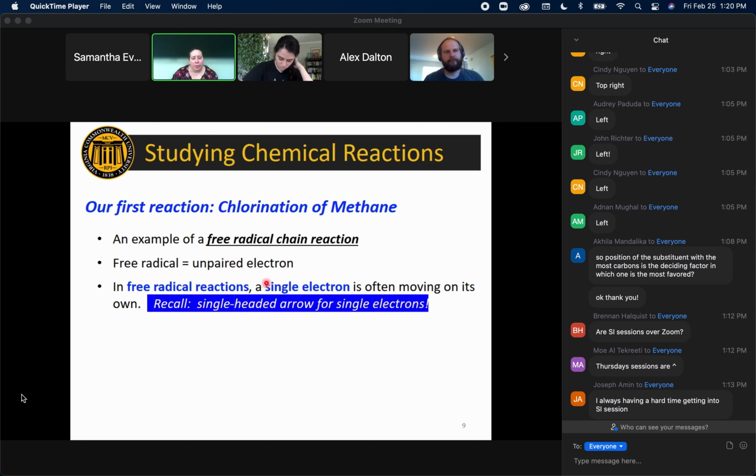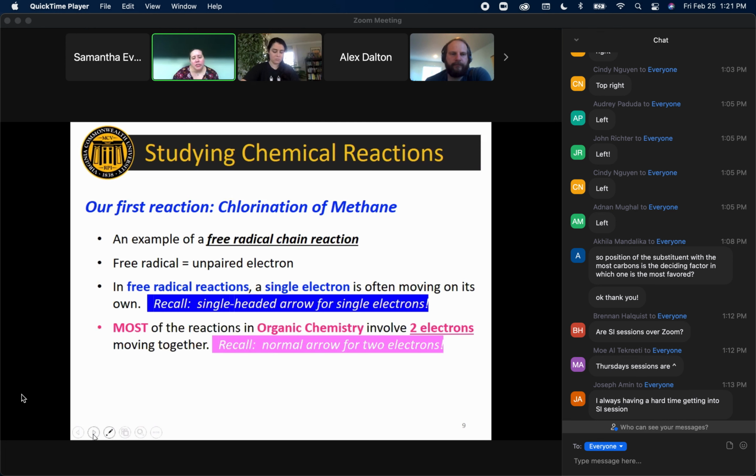I want to remind everybody, because we are going to be talking about mechanisms, that we know how to use curved arrows, but for free radical reactions where we're moving single electrons at a time, we're going to use single-headed arrows. These are very different than most of the arrows that we use in organic chemistry, because most reactions involve two electrons moving together at the same time, in which case we would use a normal arrowhead.